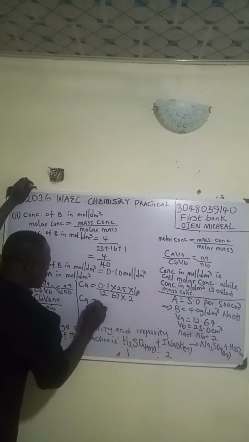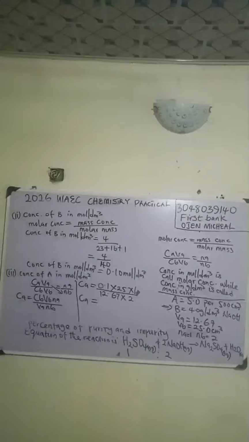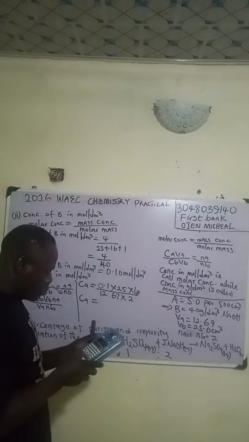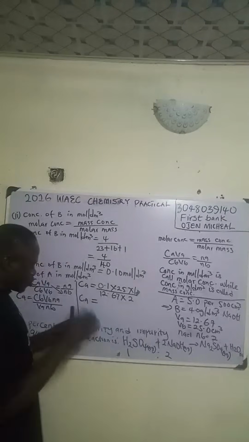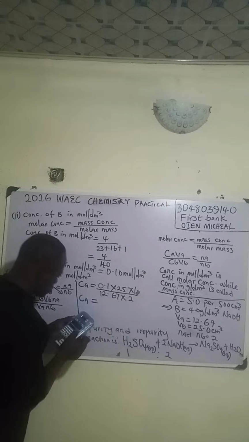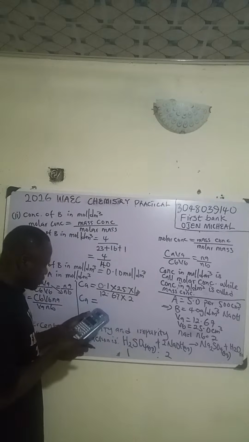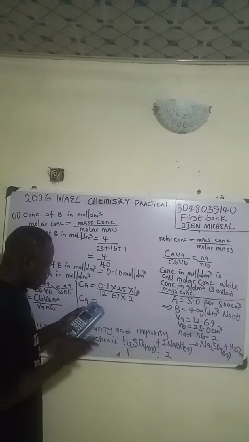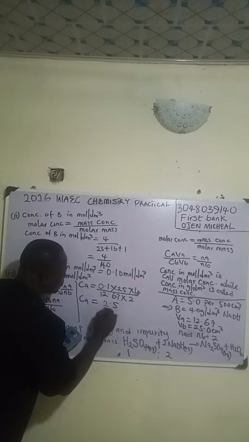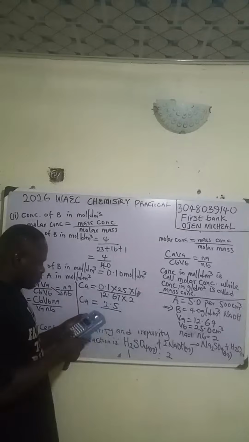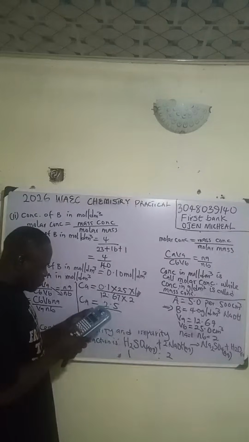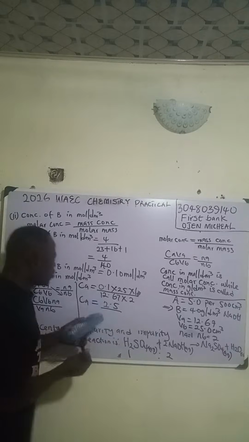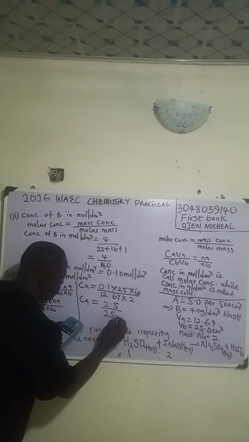So CA is equal to, let's use the calculator. We have 0.1 multiplied by 25, which is 2.5. 2.5 divided by 12.67 times 2, which is 25.34.